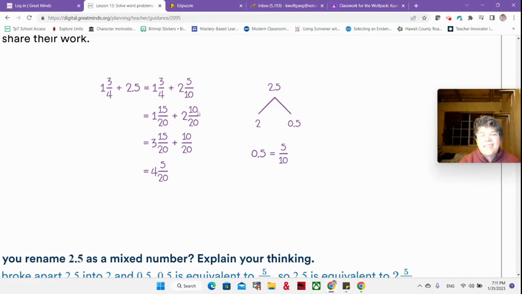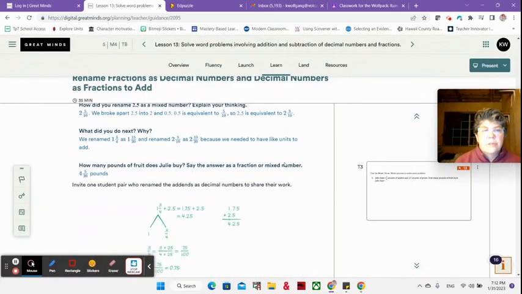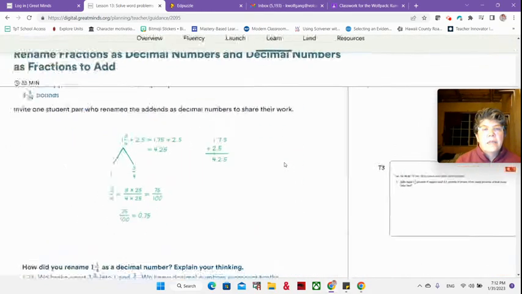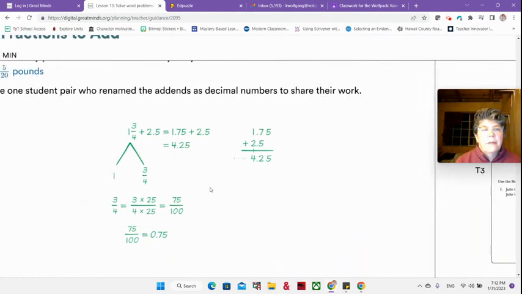Three-fourths, 5/10. Here's another way if you want to make them both into 20ths, right? I made them into half. 5/10 is the same as 1/2. But if you want to do it this way and make them both into 20ths, then you have 5/20ths. And 5/20ths is the same as 25/100ths. Okay, so I just wanted to show that to you in another way, right?